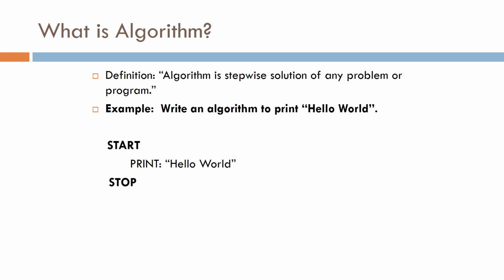Just write the first word start, print message, and in double quotation we write the message hello world, and then stop. So to start any algorithm we use the label start, and for ending the algorithm we use the label stop. In between you can write whatever logic you have.